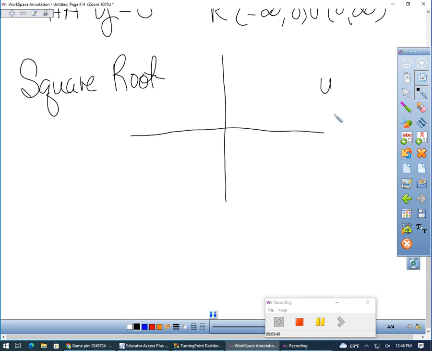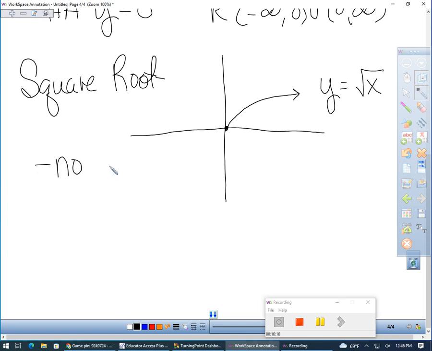Square root function, or y equals the square root of x, starts at the origin, is like the top half of a parabola on its side, just a curve. Is this symmetrical anyway? All right, so we're going to say that it has no symmetry.